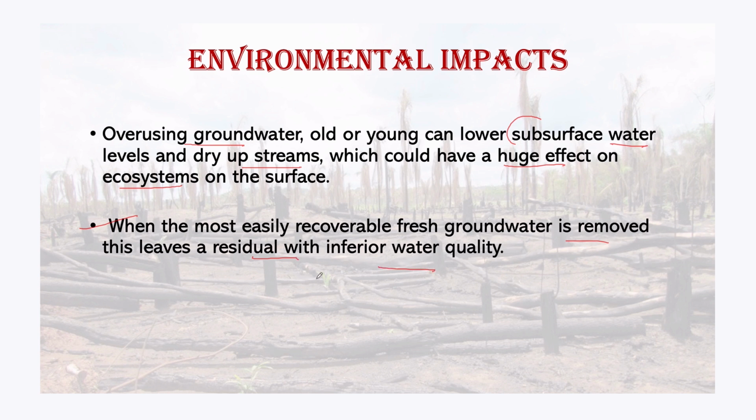This is in part with induced leakage from the land surface, confining layers or adjacent aquifers that contain saline or contaminated water. So worldwide, the magnitude of groundwater depletion from storage may be so large as to constitute a measurable contributor to sea level rise.